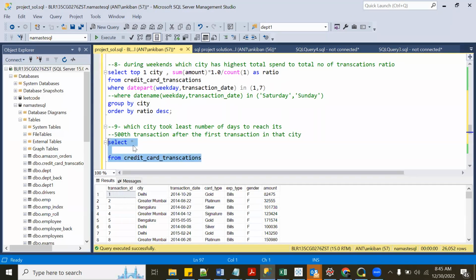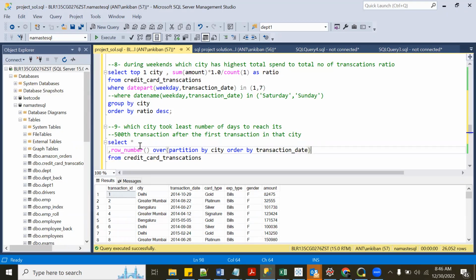Now we have to find, for each city, the first transaction and the 500th. So I will use row number or rank, anything is fine. Row number over partition by city, order by transaction date.